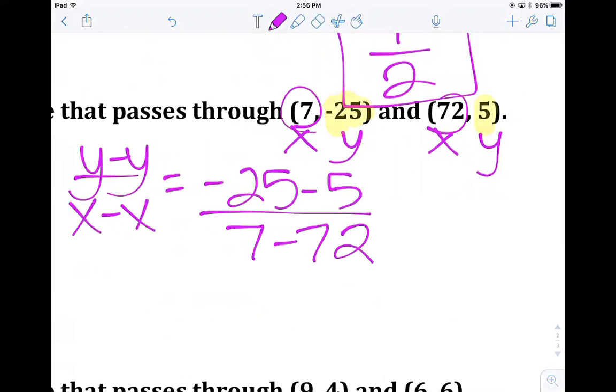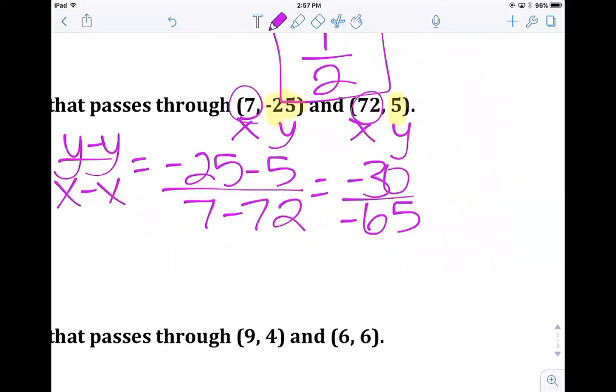So we're taking x minus x. If we put that all together, we get negative 30 over negative 65. And I gotta just check, 30 over 65. If we simplify that, will give us positive 6 over 13.